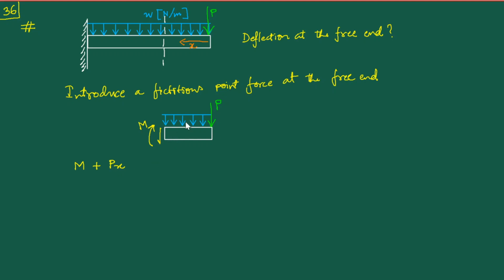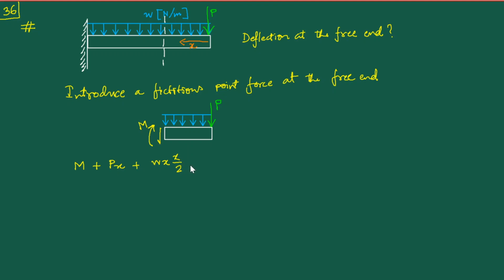This uniformly distributed load also contributes a moment about an axis passing through this end. Wx accounts for the entire force, and since this is a uniformly distributed load, we may think of it as acting effectively at the midpoint of this section, so Wx into x by 2.